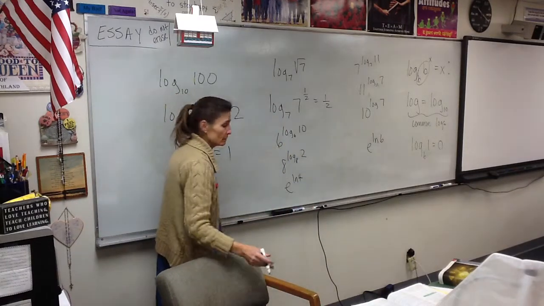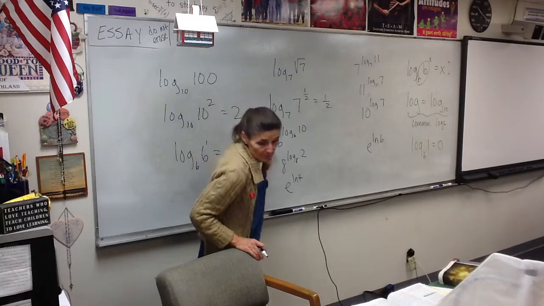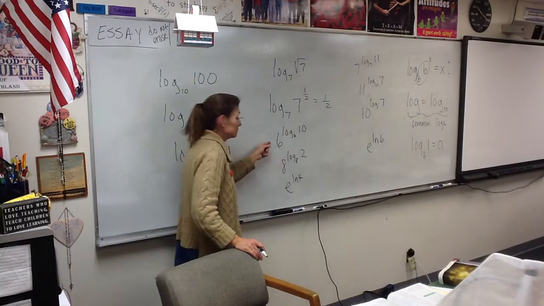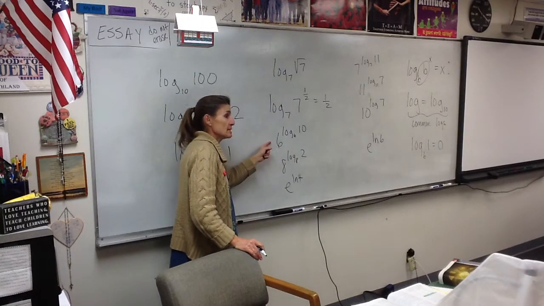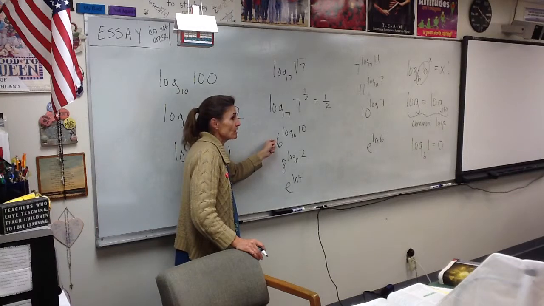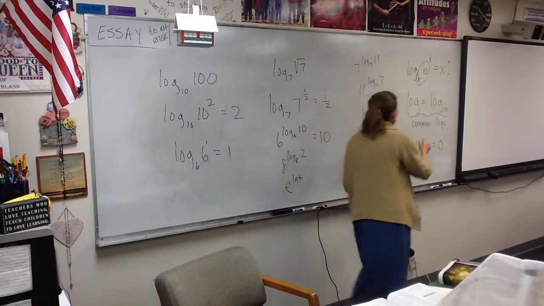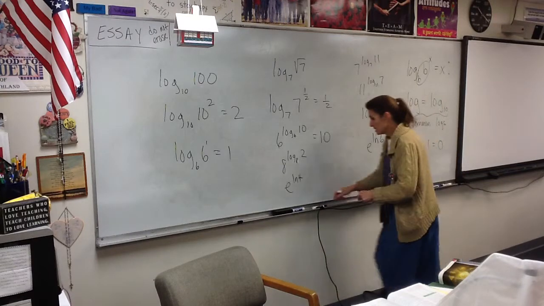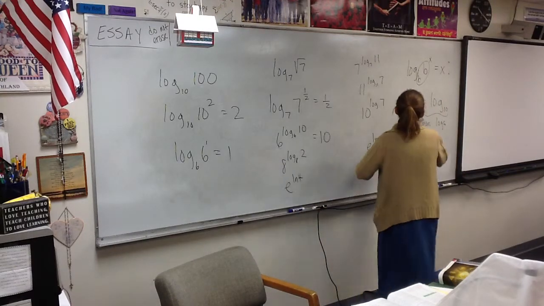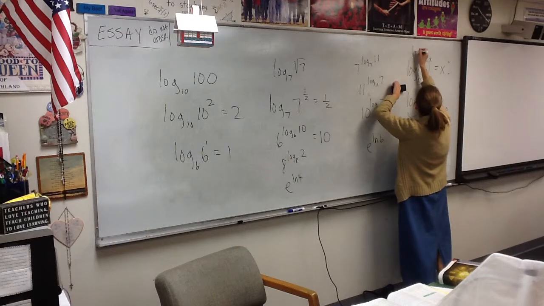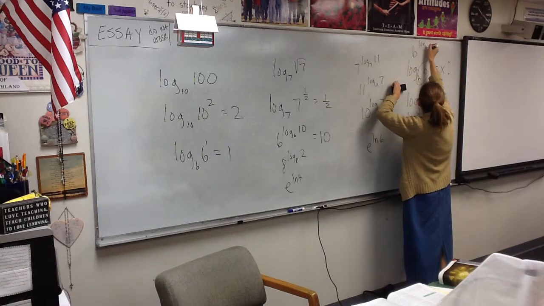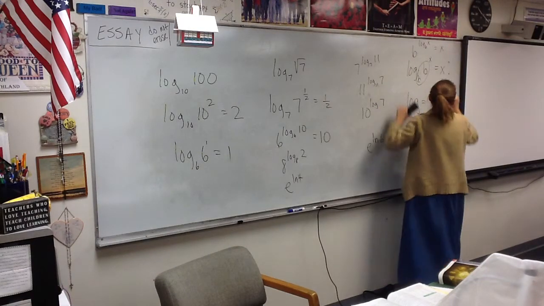Now, let's look at this one right here. This was number 18. This actually is another property. Does anybody just want to take a wild guess what the answer is? 10. You're exactly right. There's a property that says, I'll add it up here, b to the log base b of x power is x.